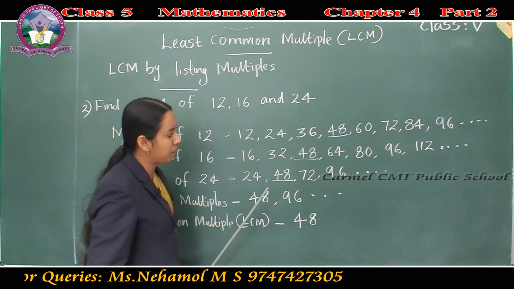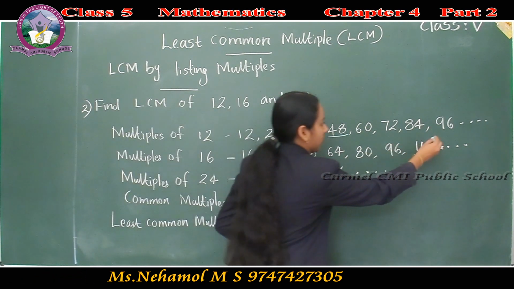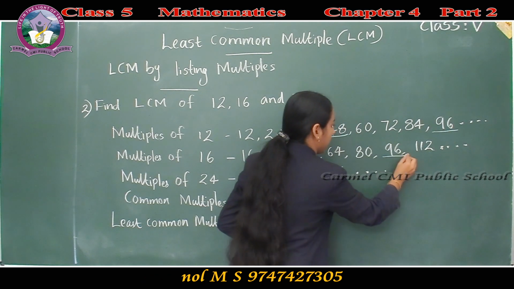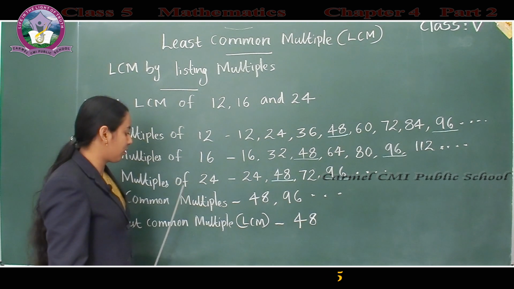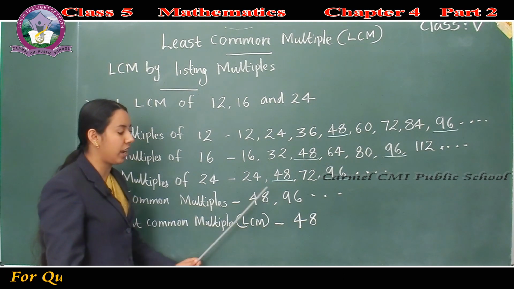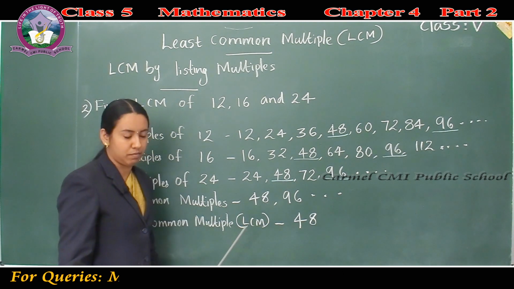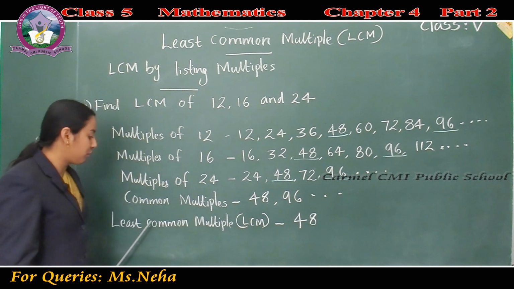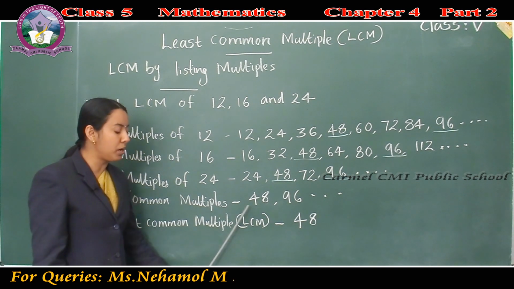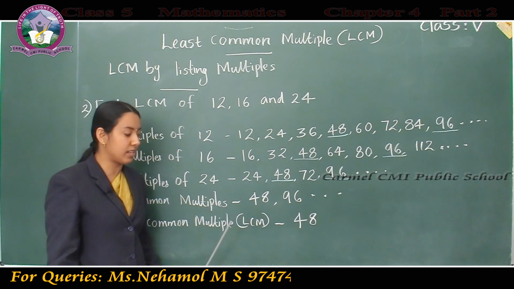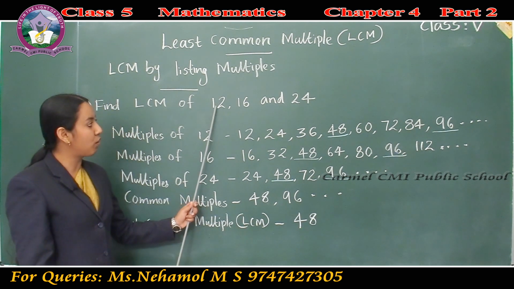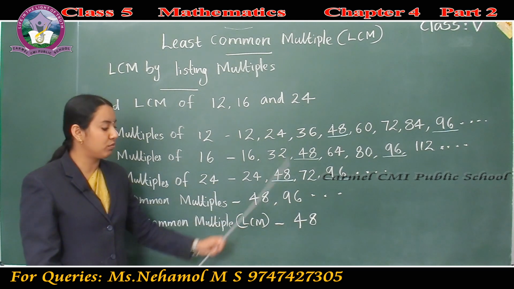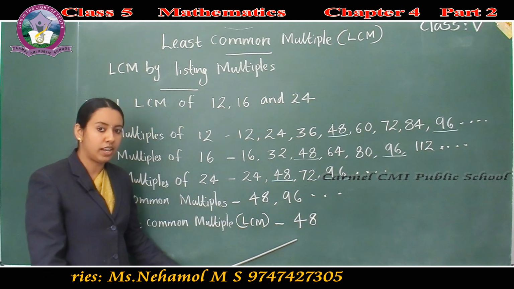Then next one 96. 96 is here, here is also 96, here is also 96. So common multiples are 48, 96, etc. So we have to find least common multiple or LCM. Which is the smallest one? 48. So LCM of 12, 16 and 24 is 48.